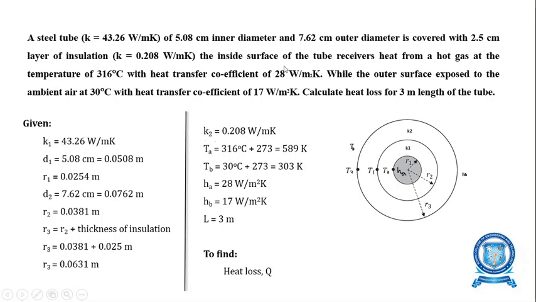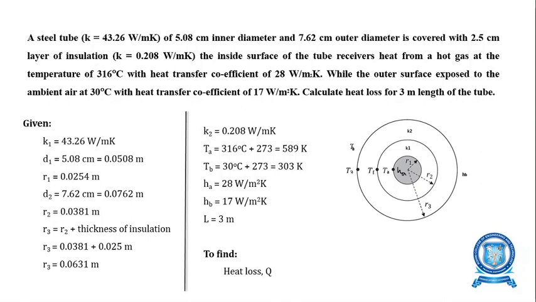The inside surface of the tube receives heat from a hot gas at a temperature of 316 degrees centigrade. The inner surface of the cylinder is receiving heat from the hot gas. Therefore, hot gas is a source here. The heat is transferred through the hot gas, which is considered as a fluid. Therefore, convection heat transfer takes place initially.